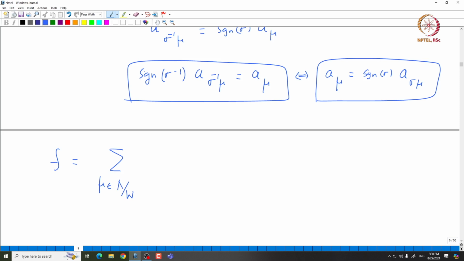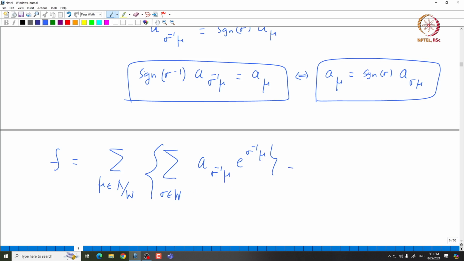You can just take it from there, this first summation, then the second summation will be sigma comes from W, sign sigma a sigma inverse mu e power sigma inverse mu. So, what we are trying to do here is fix one coset representative and then run over all possible elements of the orbit of that mu with respect to W.